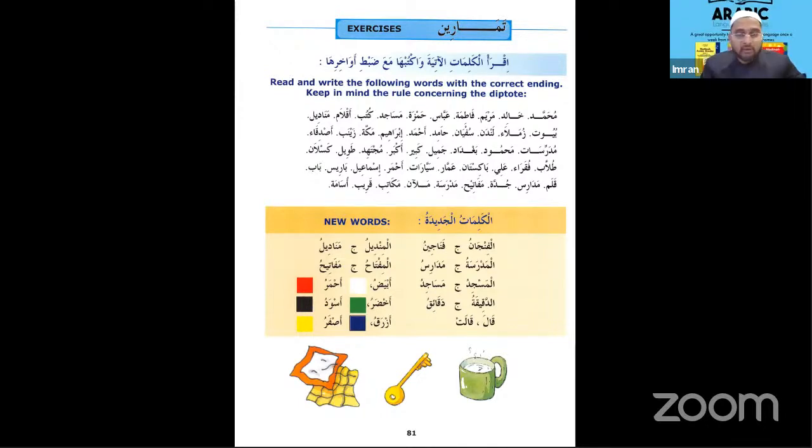In the state of the nominative case, the noun will only get one dhamma.